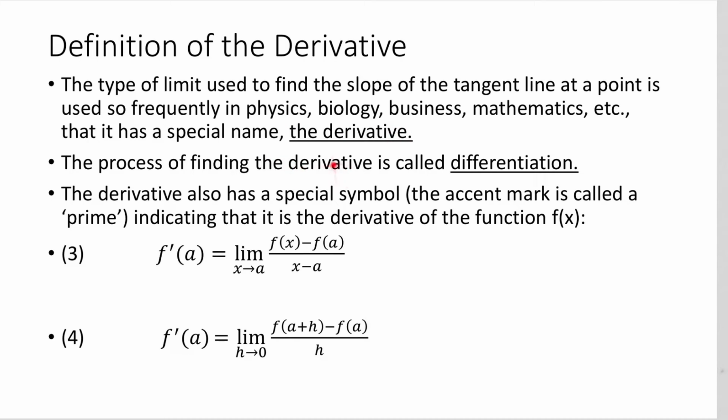The process of finding the derivative we call differentiation. It also has a special symbol, the accent mark. We call that a prime. So this symbol right here, we say f prime of a, means the derivative of f evaluated at a. Okay, so that is what we call a derivative.